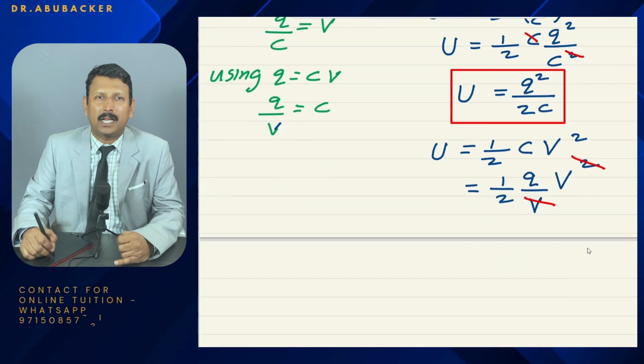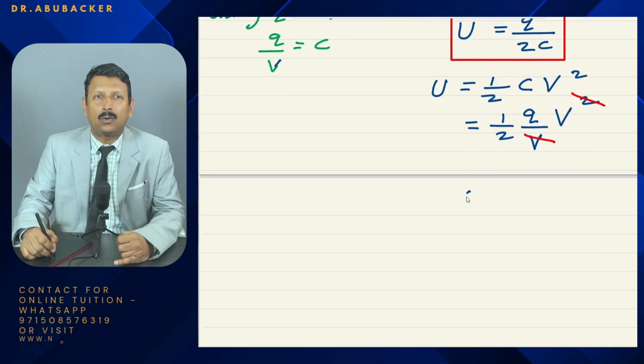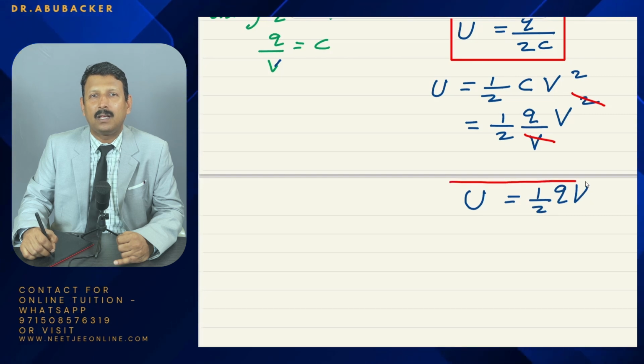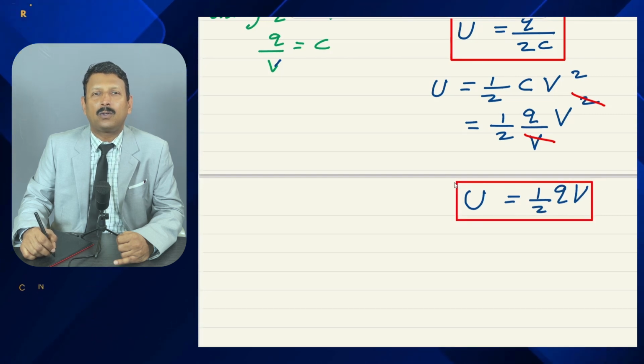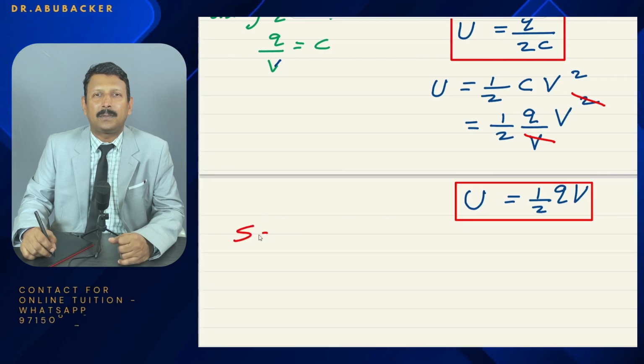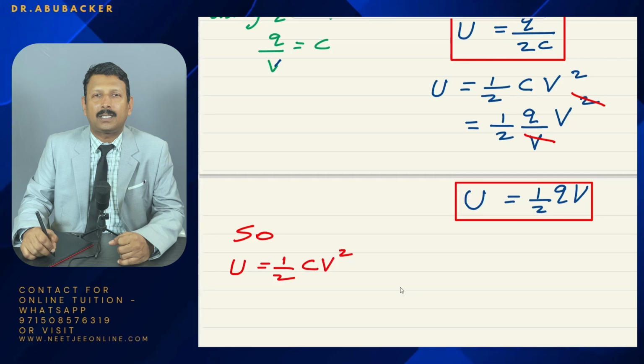One more format: C is equal to Q by V, which I apply. Then we find that U is equal to half QV. You can see in the picture, in the place of C I applied Q by V and V square cancelled, leaving half QV.